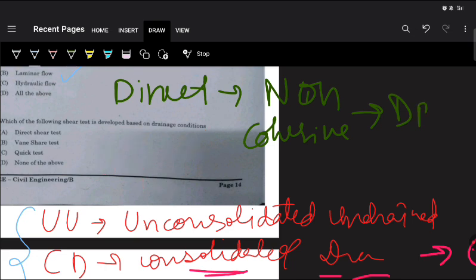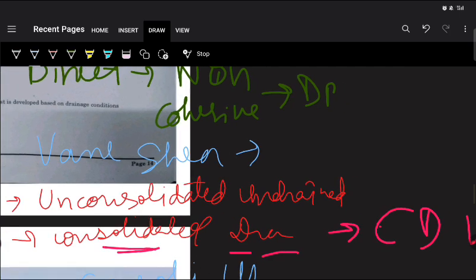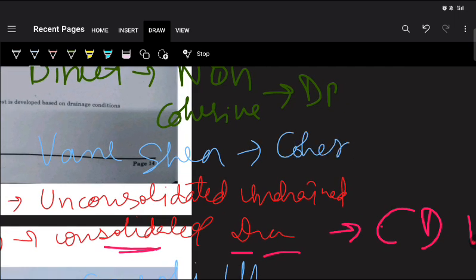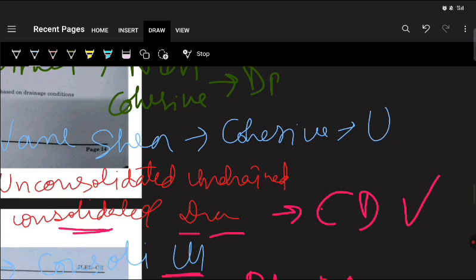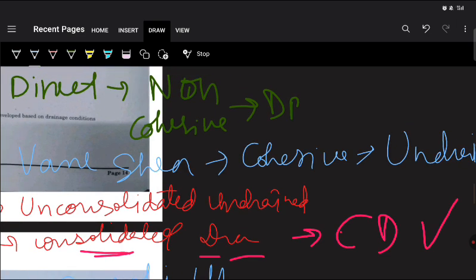And another one is the vane shear test. This vane shear test is used for cohesive soil and undrained condition. And the above is drained.